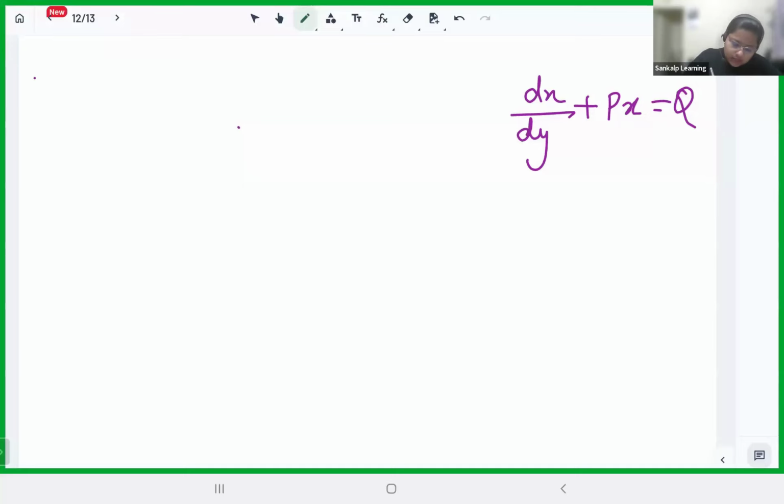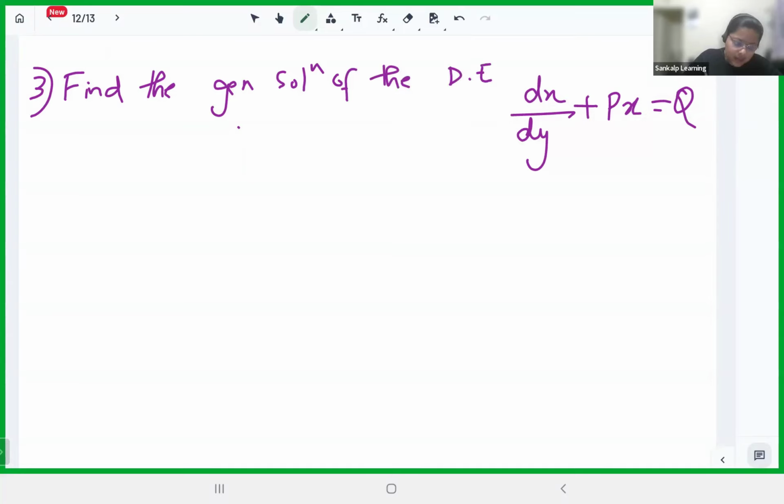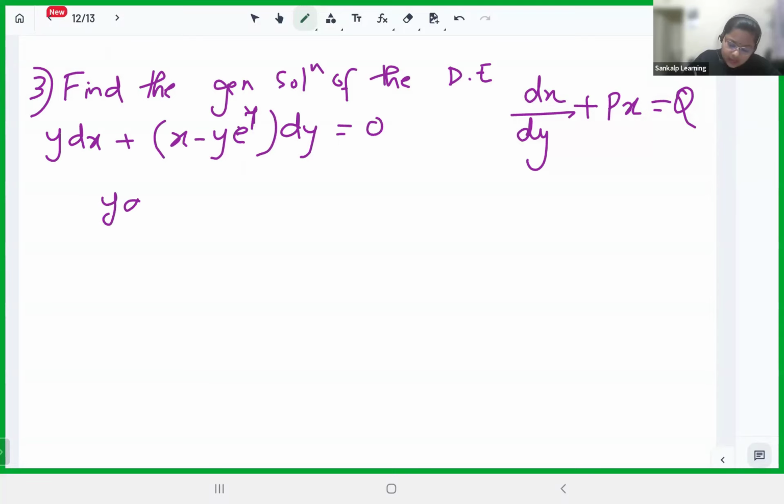So the third question is: find the general solution of the differential equation y dx plus x minus y e raised to y into dy equal to 0.